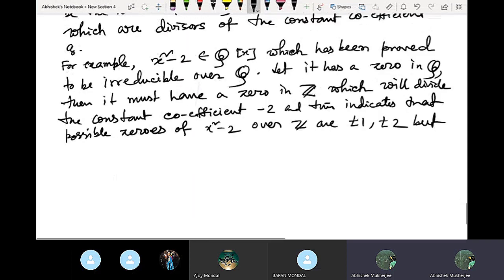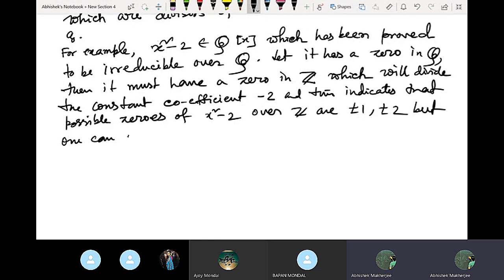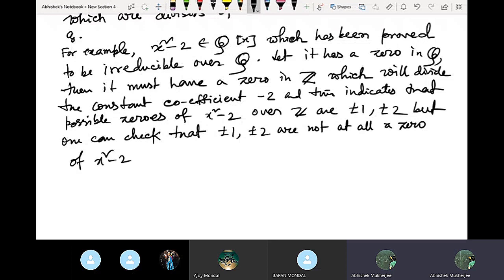But one can check that plus minus 1, plus minus 2 are not at all a 0 of x square minus 2 in Z. For if we put plus minus 1, then what will happen?